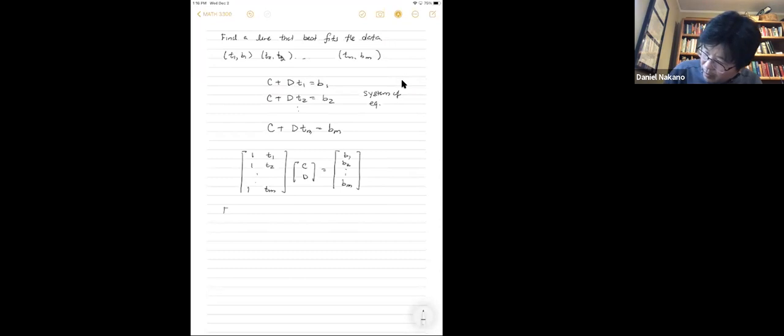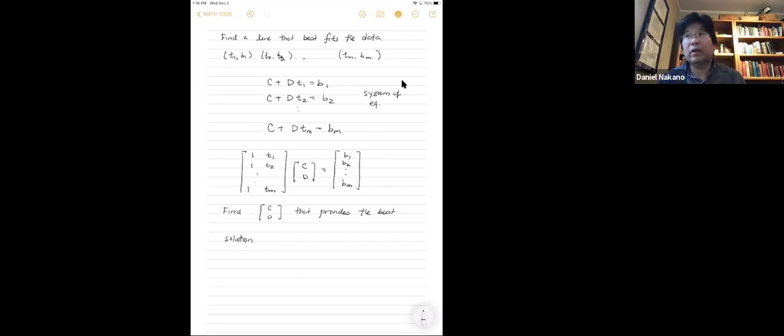So find the vector CD that provides the best solution. And we know how to do that because we have the least squares method. Let me do a little bit of labeling here.